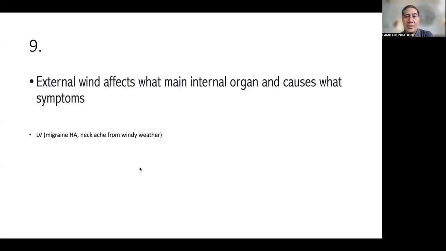So external wind affects the lung primarily, but it can also affect the main internal organ, which is the liver. If the liver is affected, expect migraine, headache and neck ache from windy weather. One can have migraine in areas that are very windy.